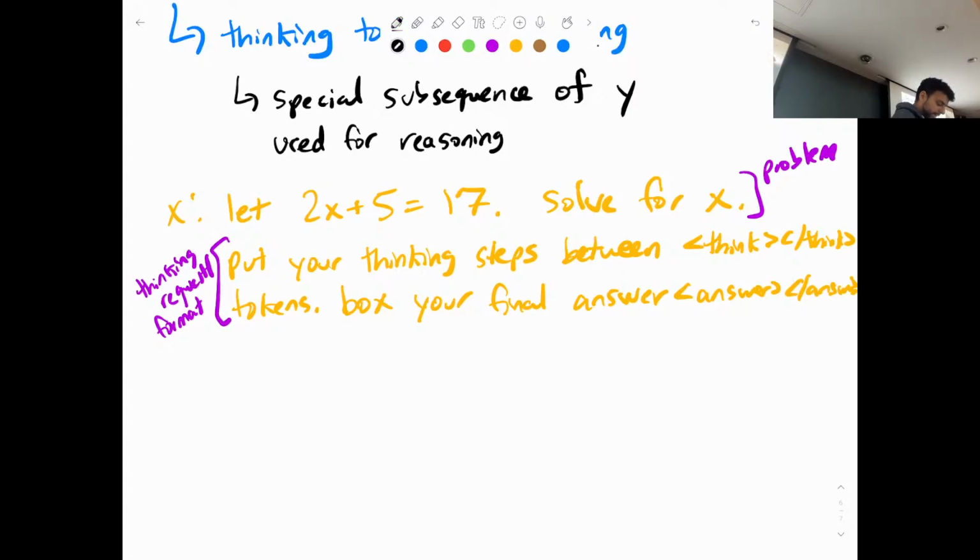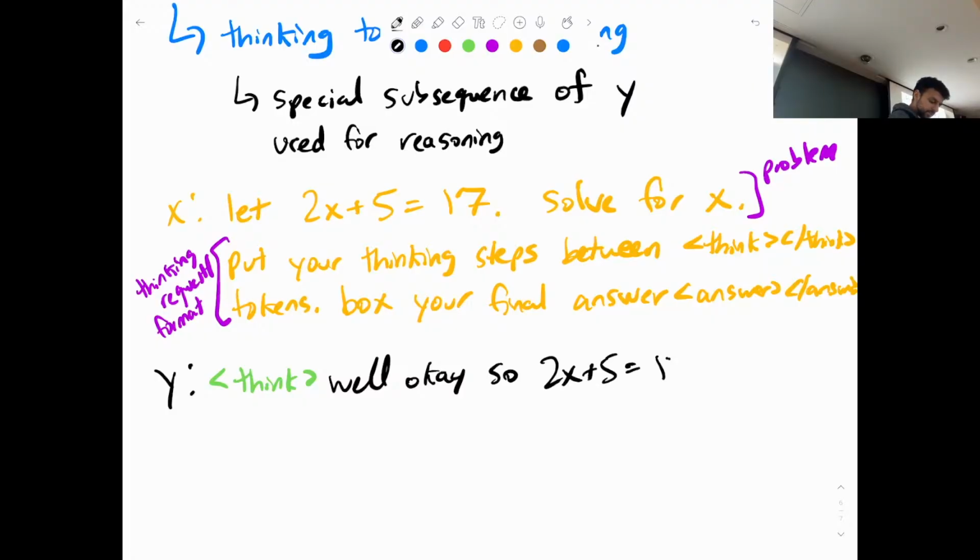So if we were to generate a response y, the ideal response would have something like this, where we open with one of these special tokens. Maybe it has some thought process. Well, okay, so 2x plus 5 is 17.